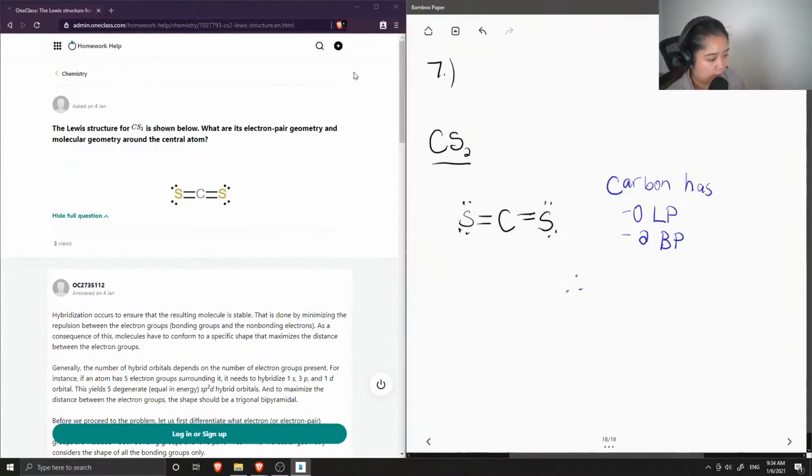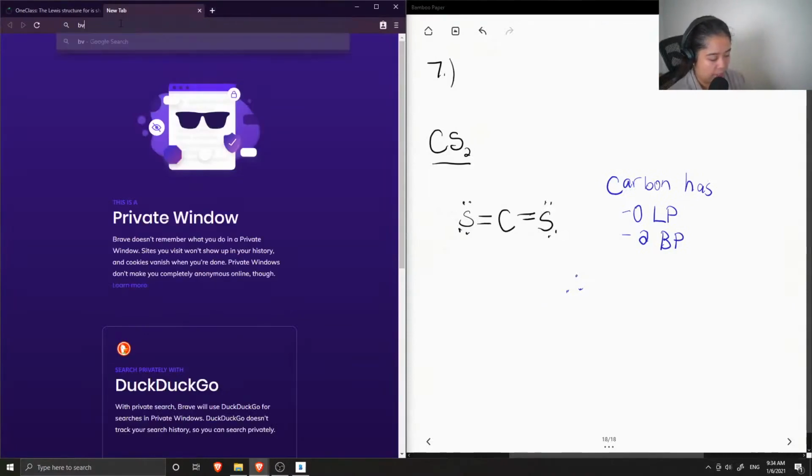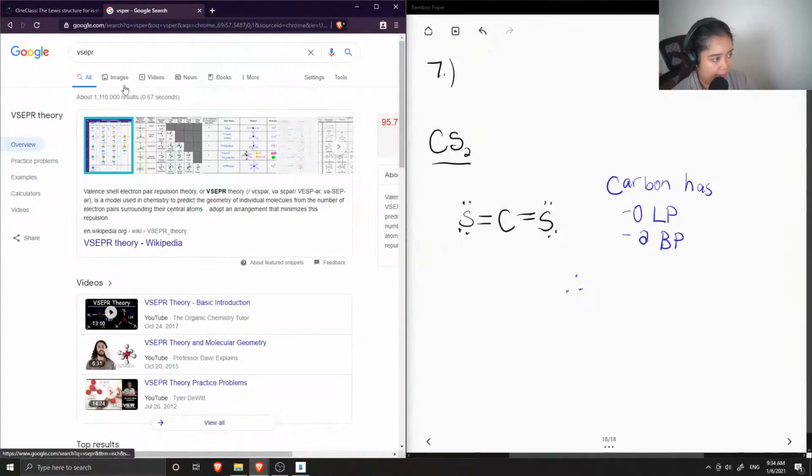So now let's look up what type of VSEPR shape it would have.